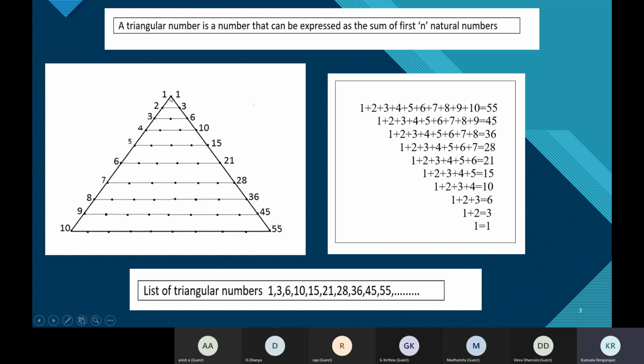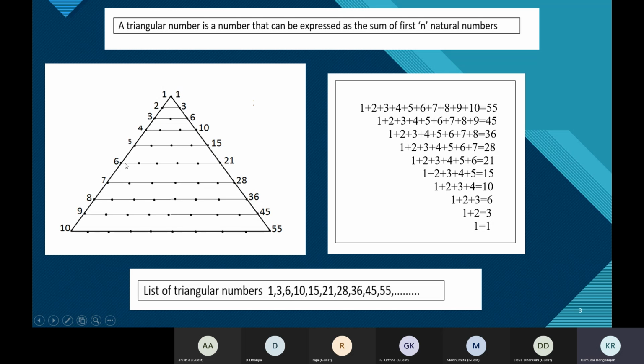So if you see this triangle from here to here, you can see 1 dot here, 2, 1. Every dot represents that number: 1, 2, 3, 4, 5, 6.